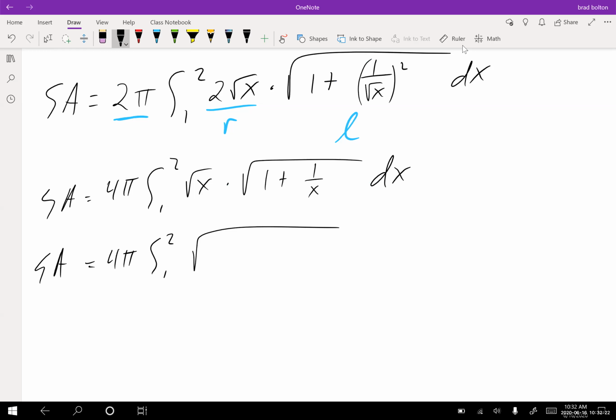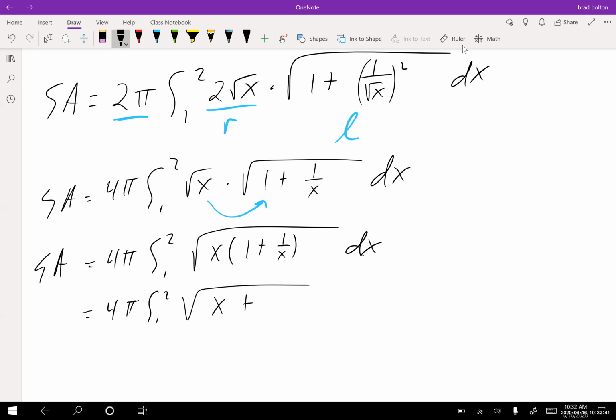So this would become the square root of x times 1 plus 1 over x dx, right? I could just move this into here. And then this would become the square root of x plus 1 dx.